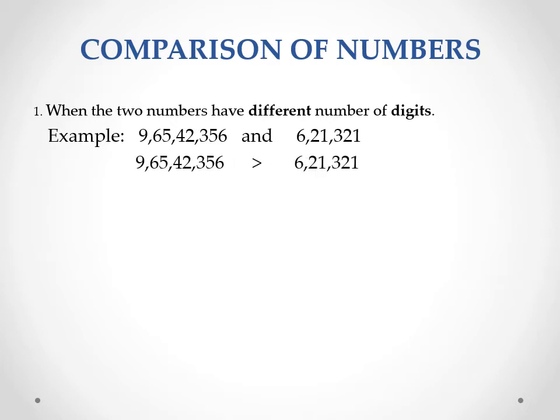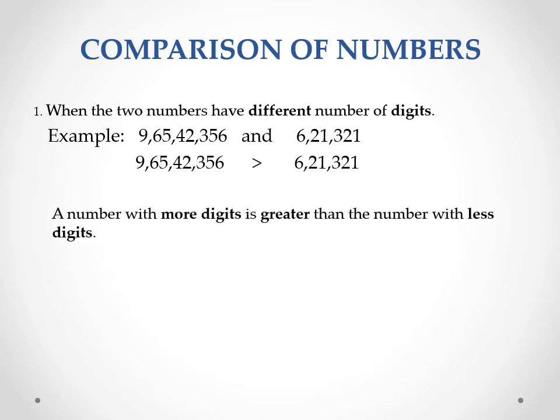Therefore, we can say 9 crore 65 lakh 42,356 is greater than 6,21,321. Hence, when we compare two or more numbers with different numbers of digits, the number with the most digits is the greater number and the number with the least number of digits is the smaller number.